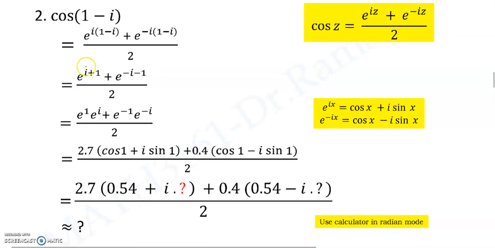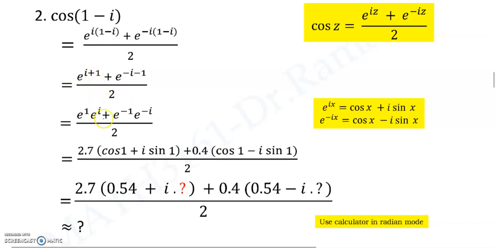We distribute i to 1 and minus i, so i into 1 is i, and i into minus i is minus i squared, which becomes plus 1. Then for the second term, minus i multiplied by plus i squared is minus 1, that's why you will get minus 1. Now divide by 2.